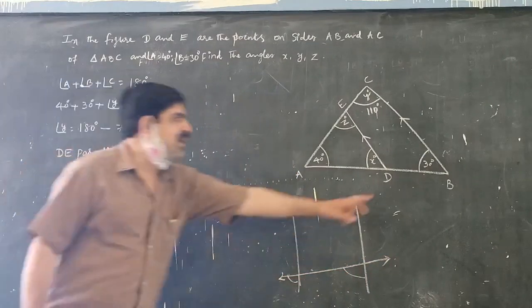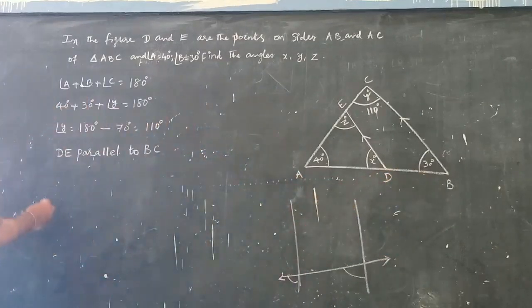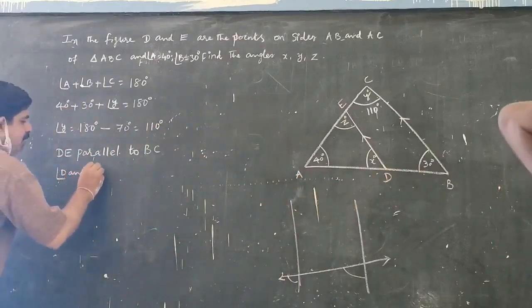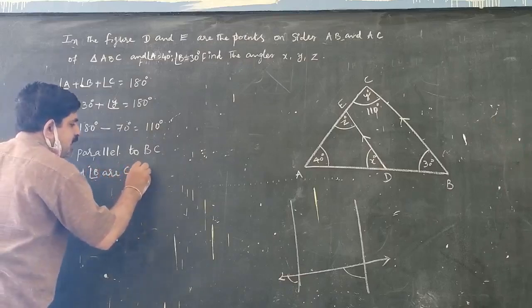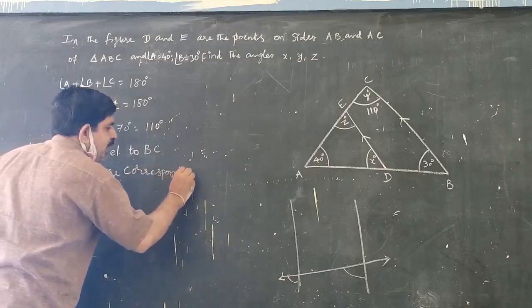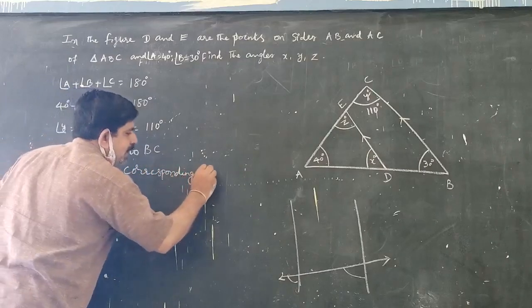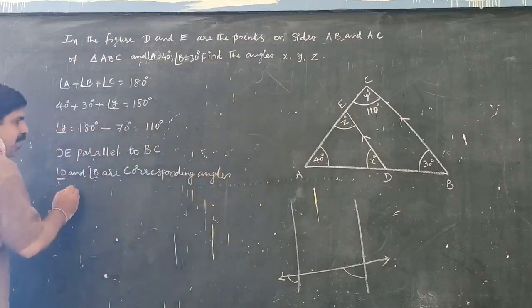Corresponding angles. So angle B and angle D are corresponding angles. Corresponding angles are equal.